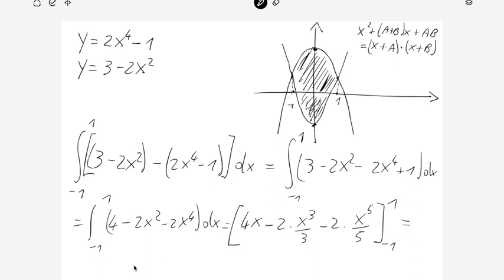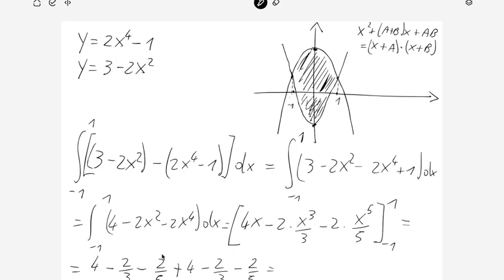Okay, and now you have just to compute this quantity. So if you substitute 1, you have 4 minus 2 over 3 minus 2 over 5. And if you substitute minus 1, you have minus 4, so with the minus it is plus 4. You have the same quantity if you do the computation.